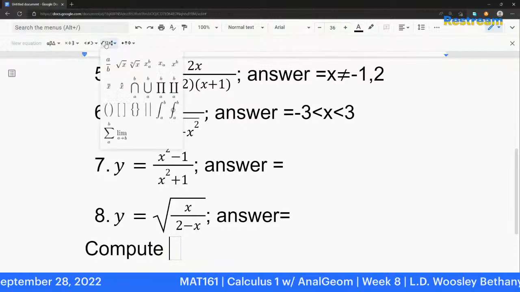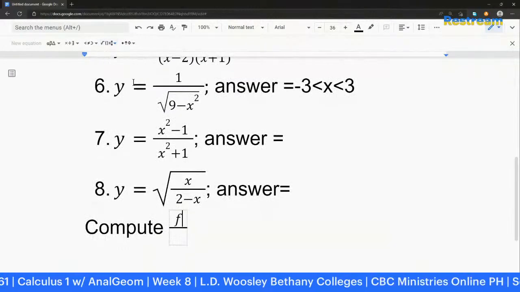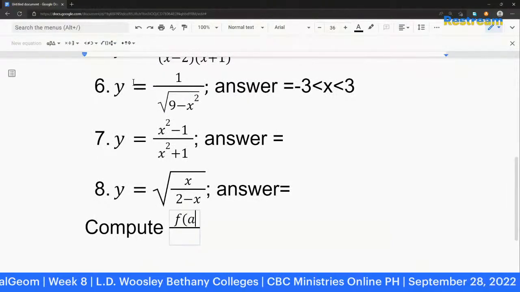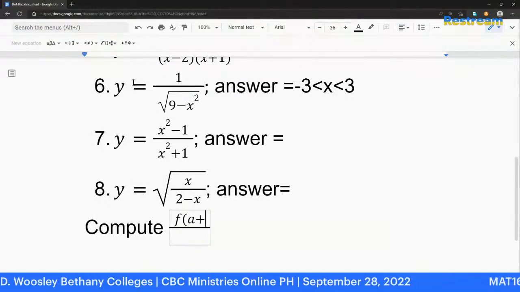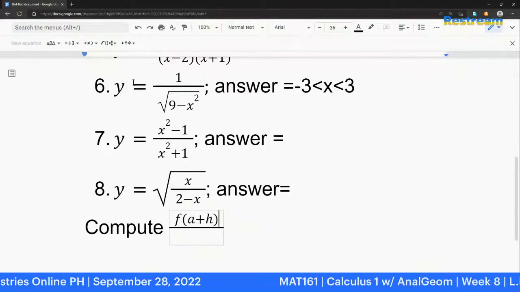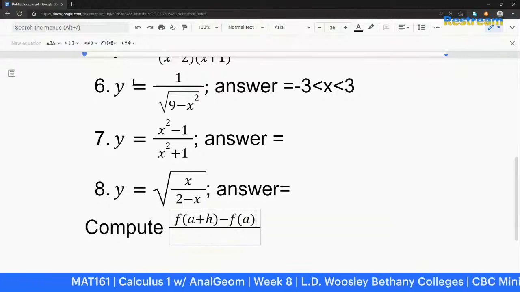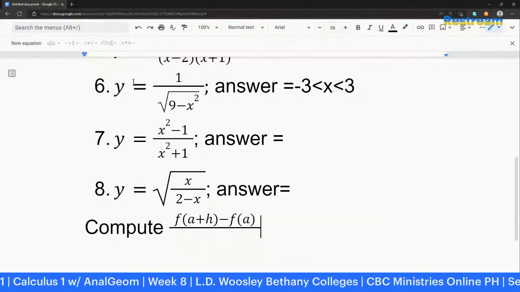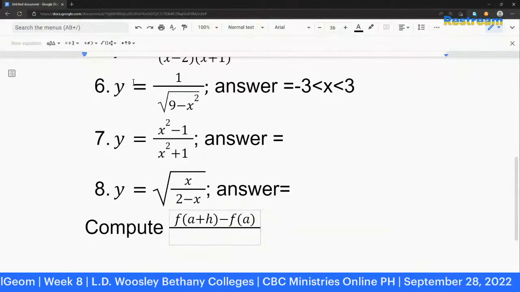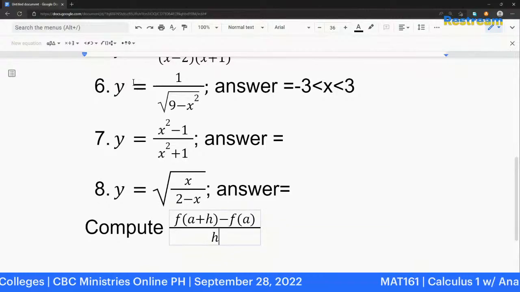Ito. So compute for f of a plus h minus f of a, over h. So alam niyo na yata ito eh. Kasi I'm already practicing yung derivative, no?